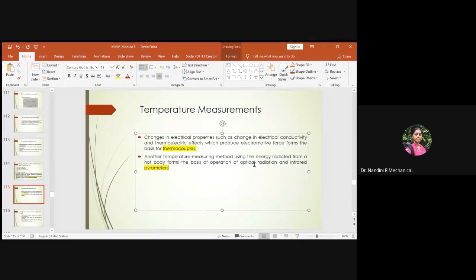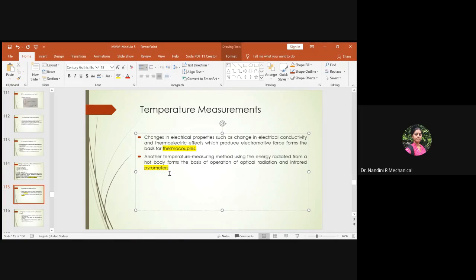It is basically related to the infrared rays, the optical radiations which are emitted when it is subjected to a heat treatment process. So these are the pyrometers which are used to measure the energy radiated in any optical radiation devices.